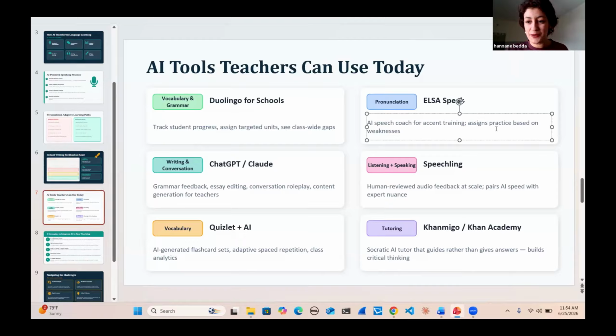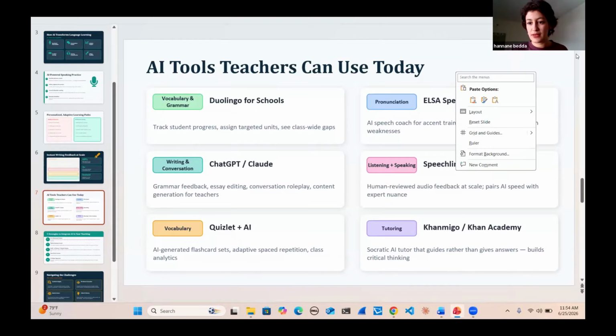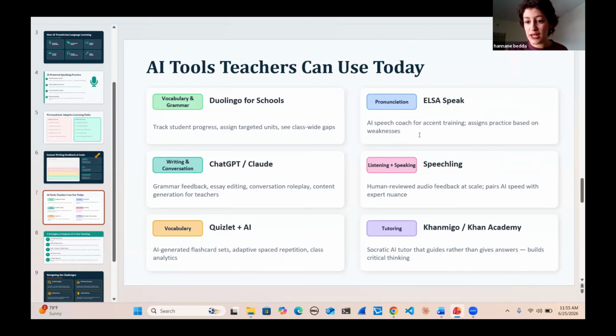So here, AI speech coach for accent training, assigns practice based on weaknesses. So here it's based on what you need to learn. It corrects you and guides you to what you should focus on.